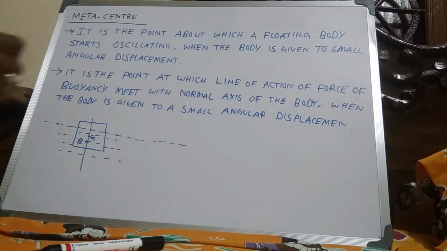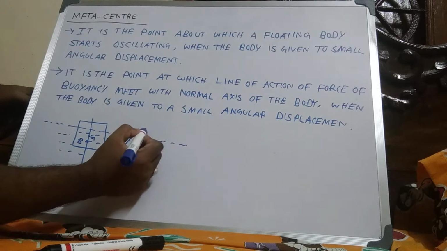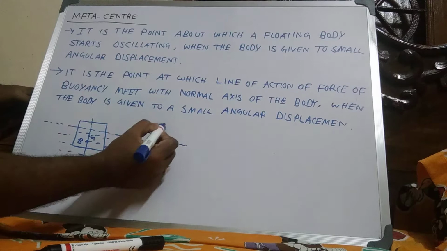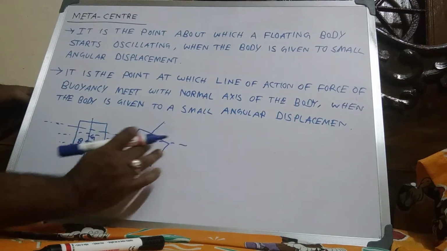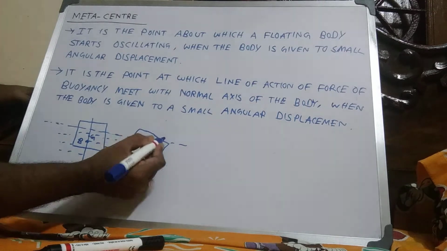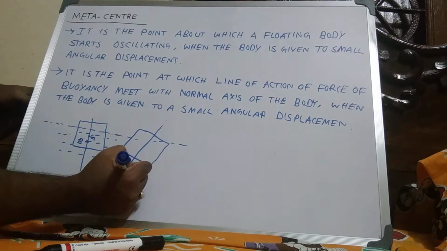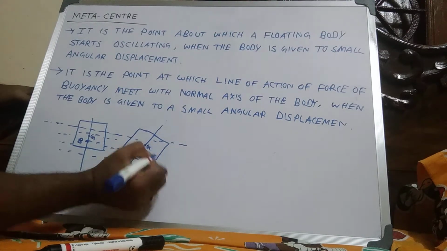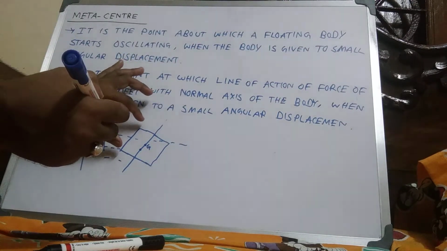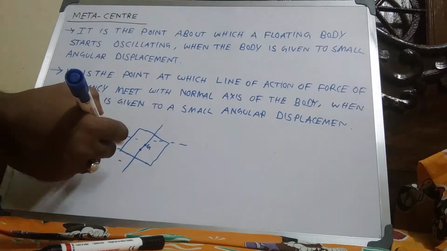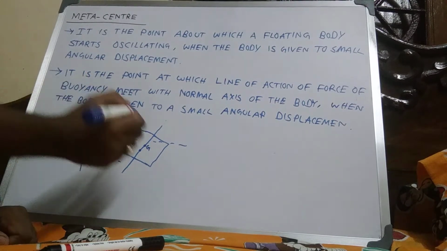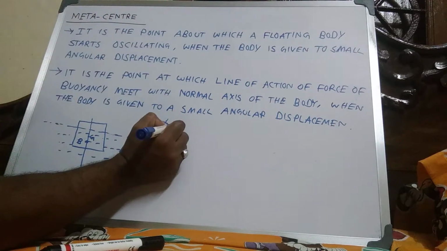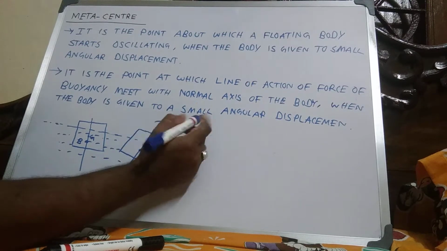The center of gravity is the middle portion of the body, and the middle portion of the displaced fluid is B, the center of buoyancy. This is G, and this is angular displacement.